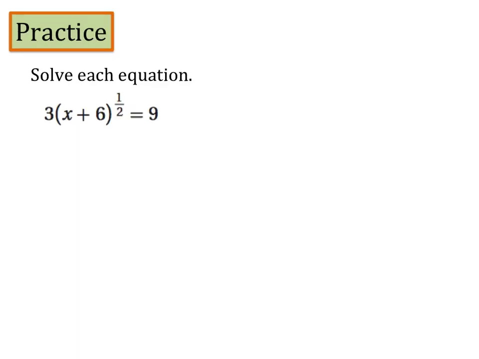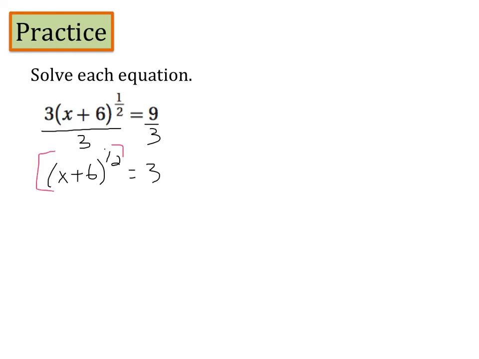Okay, let's try one now with a number in front of the parentheses, but the idea is similar. You want to isolate the x plus 6. So the first thing you would do is divide both sides by 3. Then you're left with x plus 6 raised to the 1/2, and that's going to equal 3.